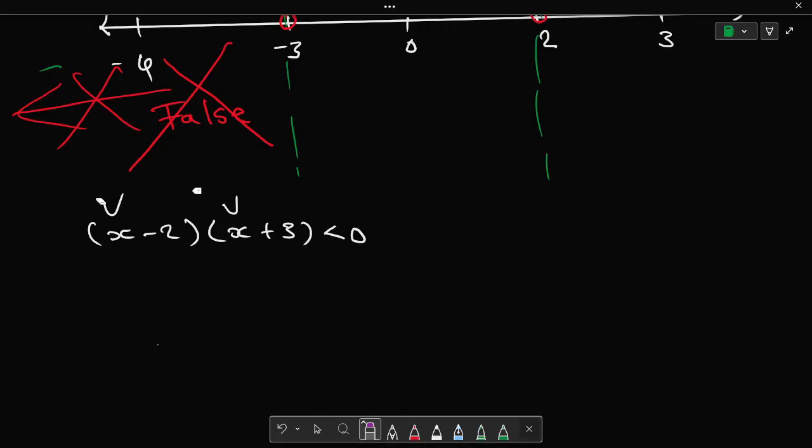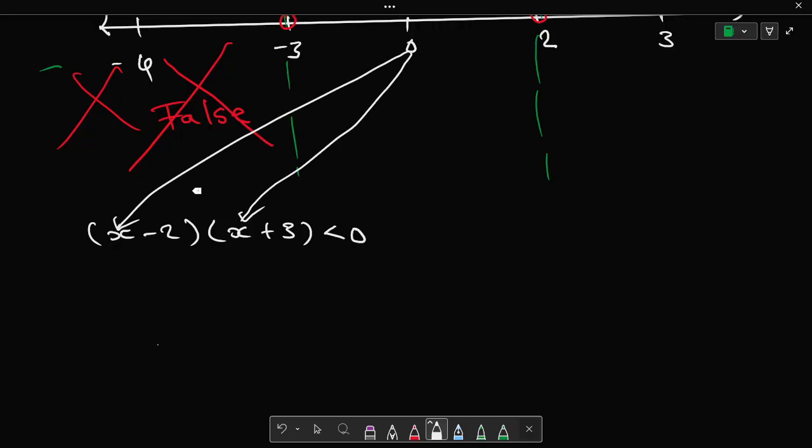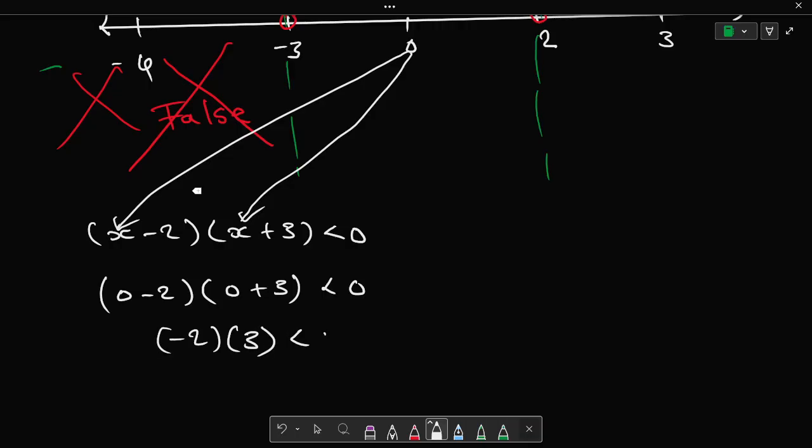Let's try the middle part and see what we get. For the middle part, we are going to put 0 where there is x. So we're saying 0 minus 2 and 0 plus 3. Here you get -2, and 3.